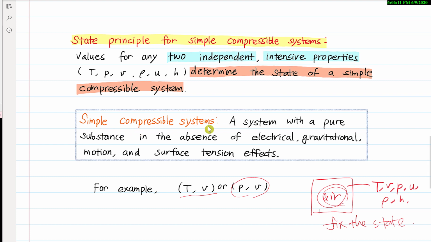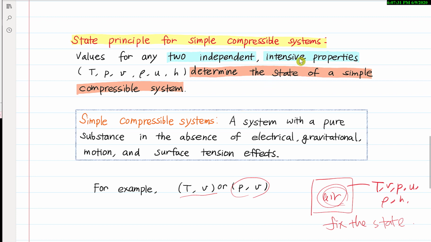A simple compressible system describes a pure substance, and there is no effect of electrical, gravitational, kinetic, and surface tension effects. Keep in mind that two properties are independent. Independent properties means that one property can be changed while the other property is held constant.